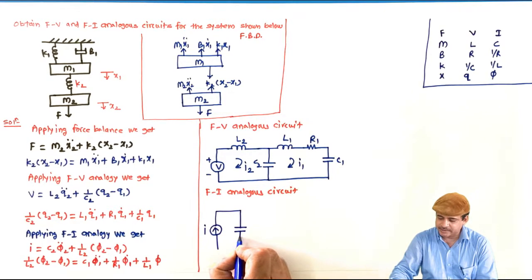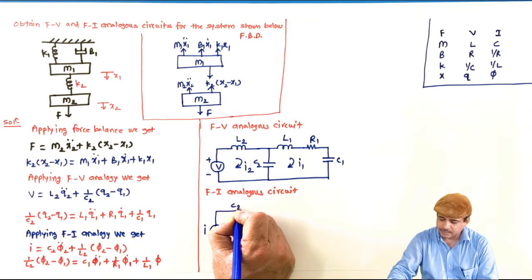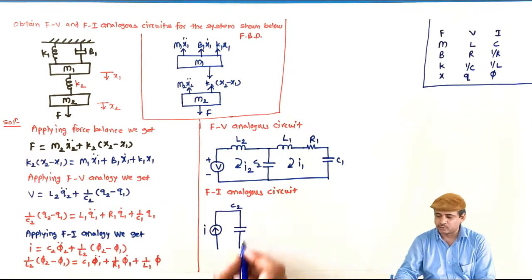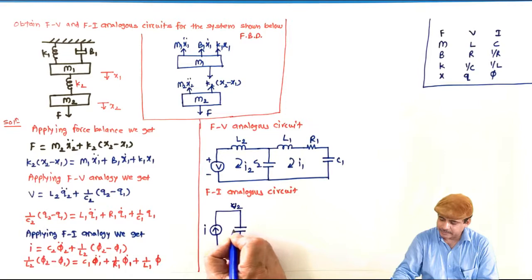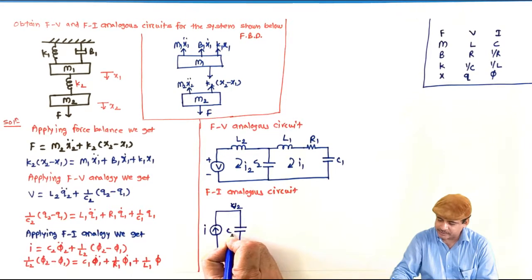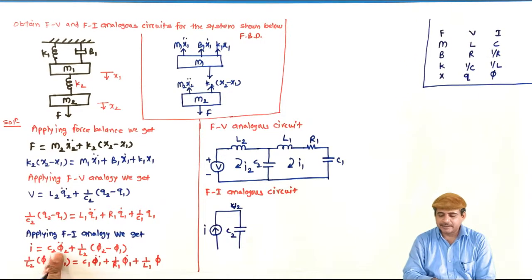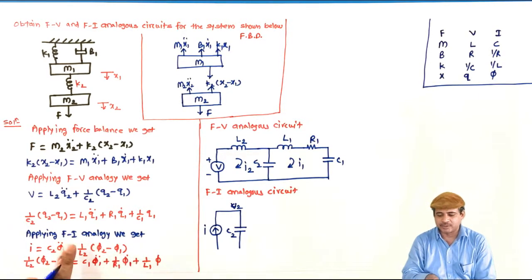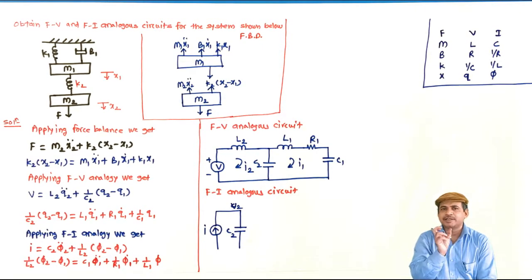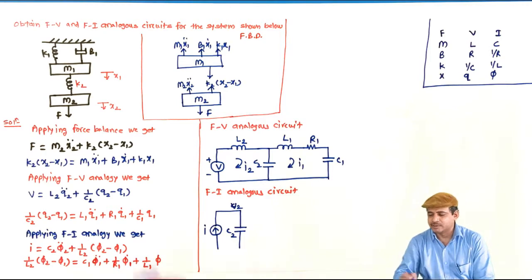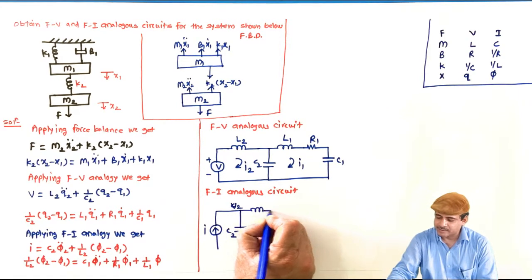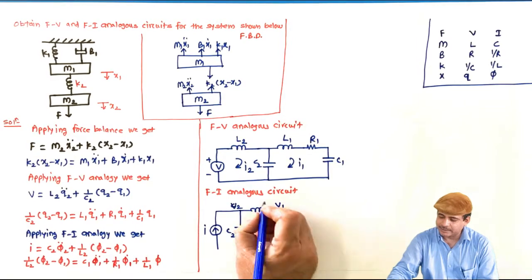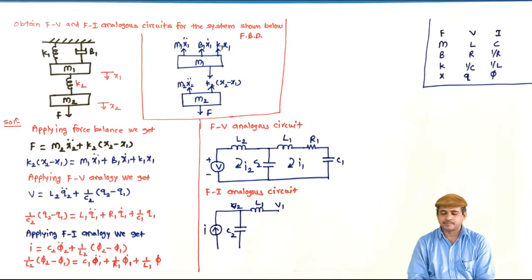Then phi 2 minus phi 1 means 1 by L2 integration of (V2 minus V1) dt, which means the voltage across the inductor is V2 minus V1. So this is V2, here we have V1, and this is L2.